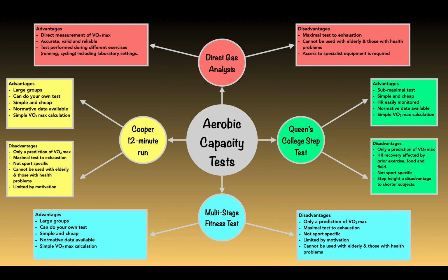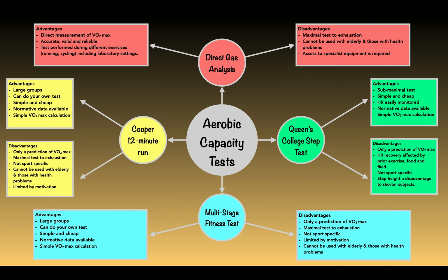We have the Cooper run, otherwise known as the 12-minute run. So the subject performs continuous running to achieve a maximum distance within 12 minutes. So another maximal test to exhaustion, but this is only a prediction of VO2 max. It's not a direct measurement like the direct gas analysis. So this is usually performed on a 400-meter running track with cones placed at intervals.